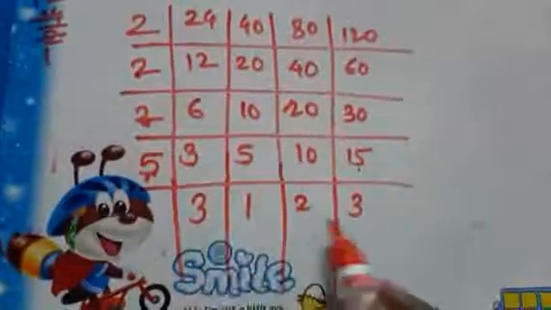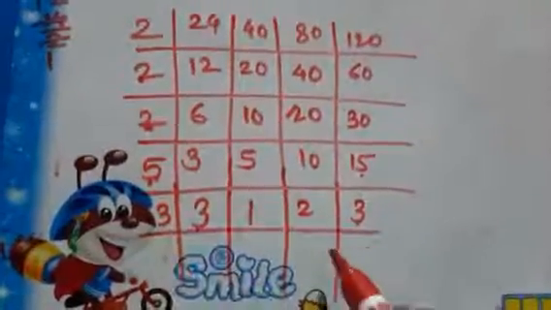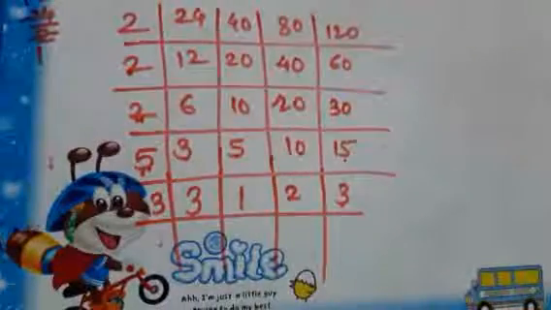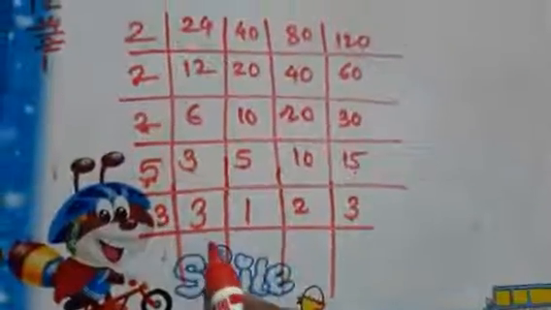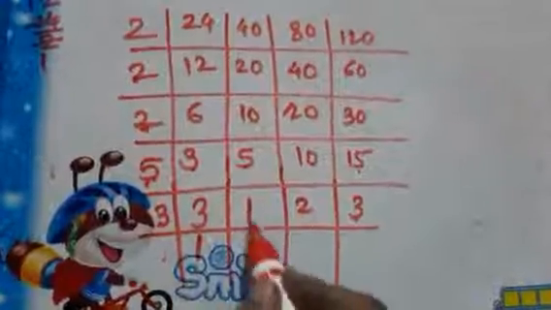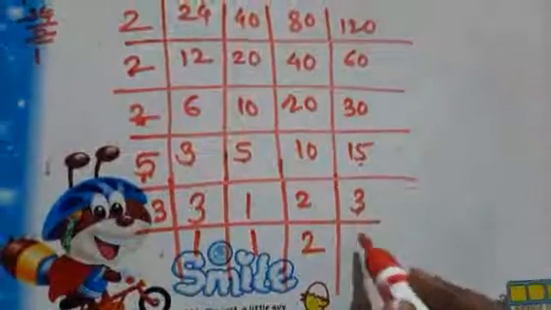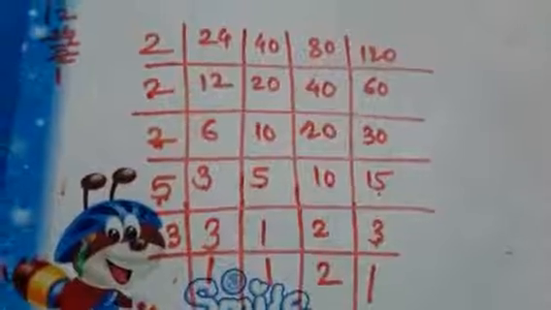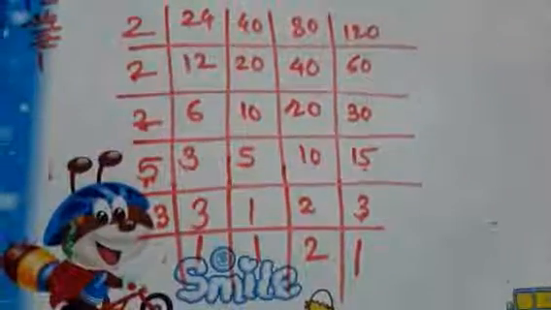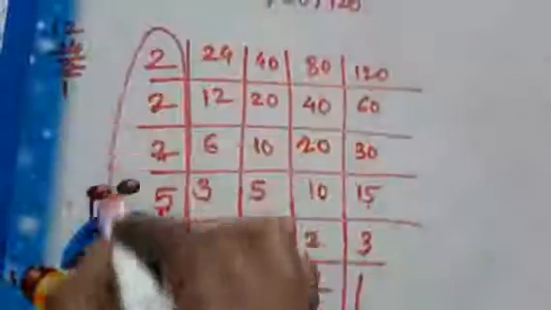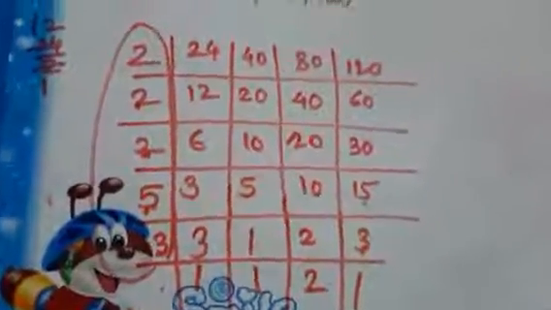Again 3 is repeated 2 times, so we will take 3. 3 ones are 3, 1 as it is, 2 as it is. Now 3 ones are 3. Now here all are prime numbers, so we will stop. Now this multiplication and this multiplication will give us the LCM.